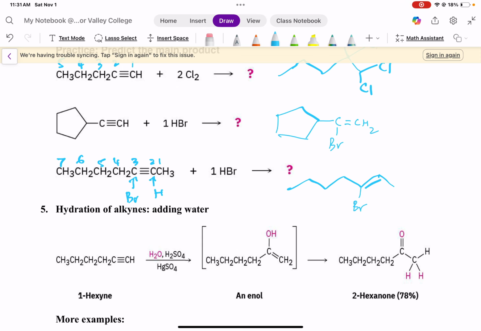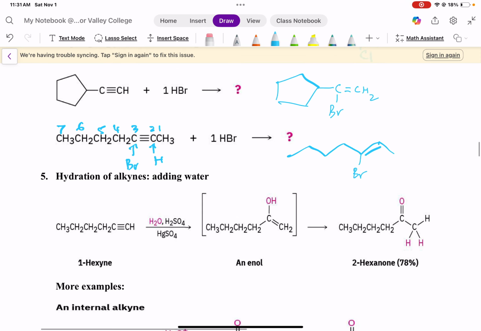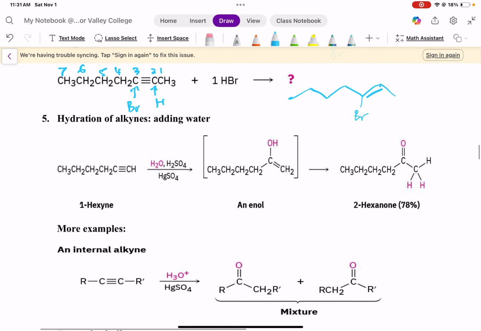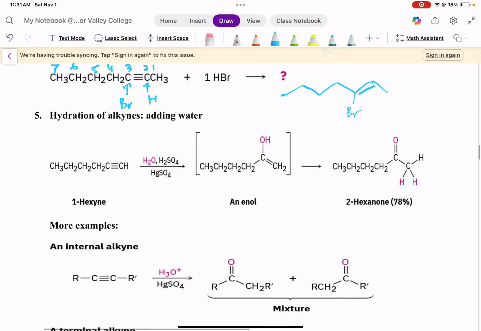Okay, all right. Moving on, hydration, adding of water. Now this one is cool. Adding water, instead of using mercury acetate, we can use mercury sulfate. It's Markovnikov. So when you add water, the OH goes into the more substituted carbon, and you still have a double bond.